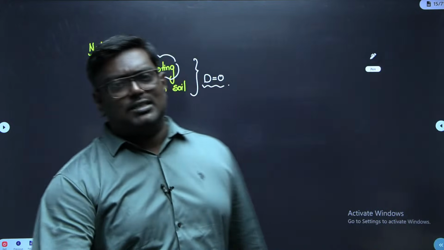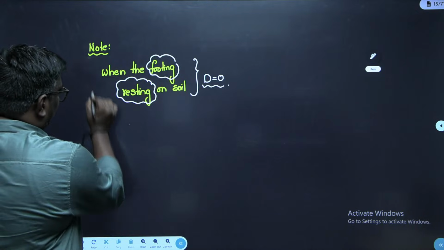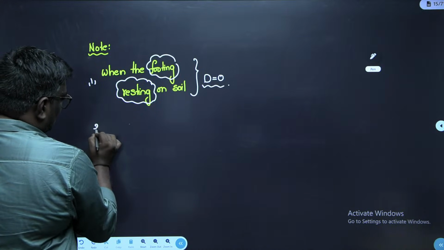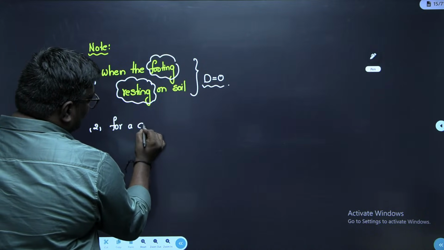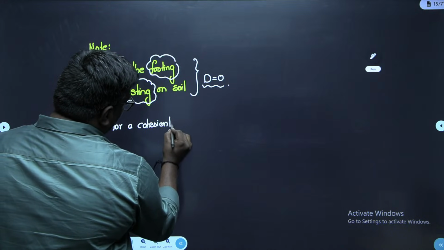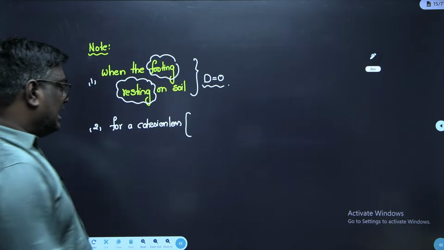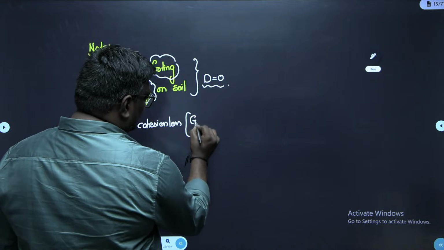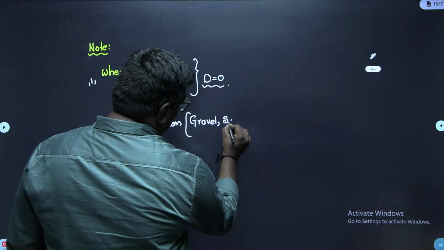They just asked what is the ratio of circular to the square footing. And another important note is, for cohesionless soil, they won't tell it is a cohesionless soil, they can mention the soil type.